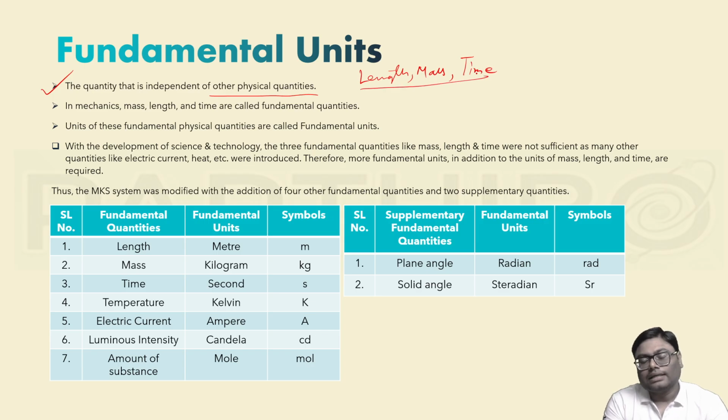At the beginning of the development of science, these three were considered fundamental. All the other units come from these three units. In mechanics, mass, length, time are called fundamental quantities, and units of these fundamental physical quantities are called fundamental units.